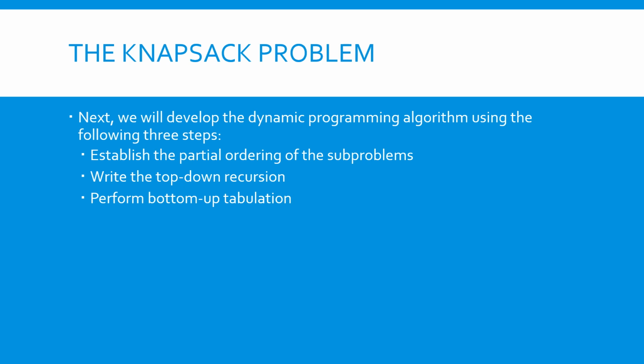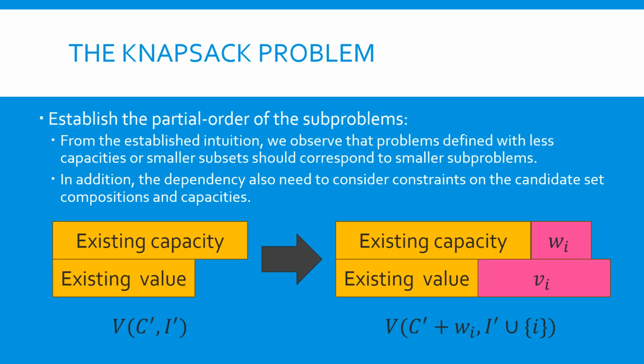After confirming that the problem can be solved using dynamic programming, we can proceed to design the algorithm. We will follow the three main steps for designing DP algorithms: establish the partial ordering of the subproblems, write top-down recursion, and perform bottom-up tabulation. First, let's establish the partial ordering of subproblems.